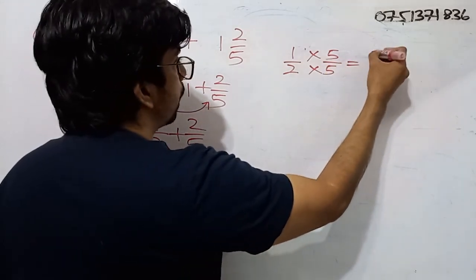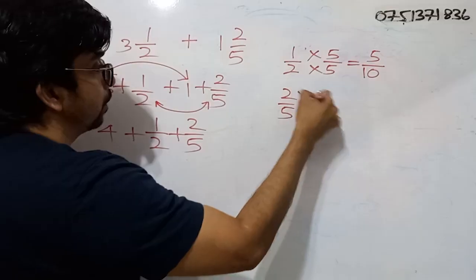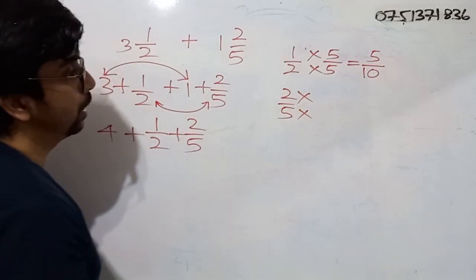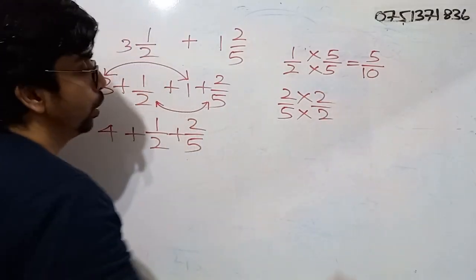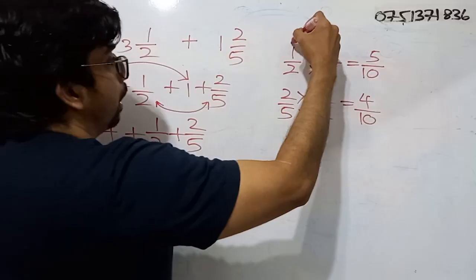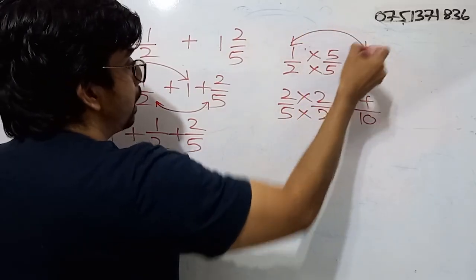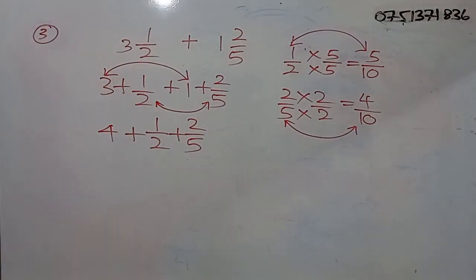So 1/2. So we have to multiply both numerator and the denominator by 5. So this becomes what? 5 by 10. So 2 by 5, I have to multiply both denominator and numerator by what? 2. 2 into 2, that is 4. 5 into 2, that is 10. Now these two fractions are equivalent fractions, and also these two fractions are equivalent fractions.